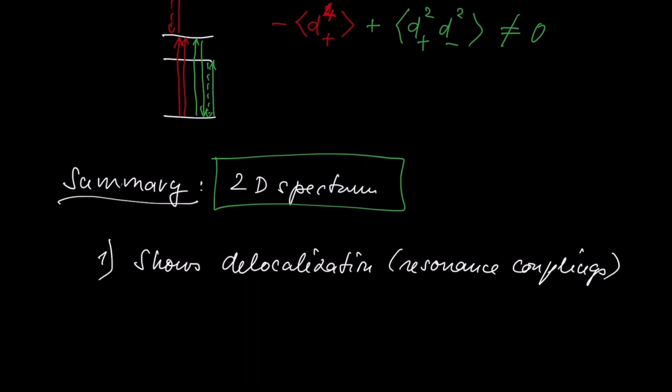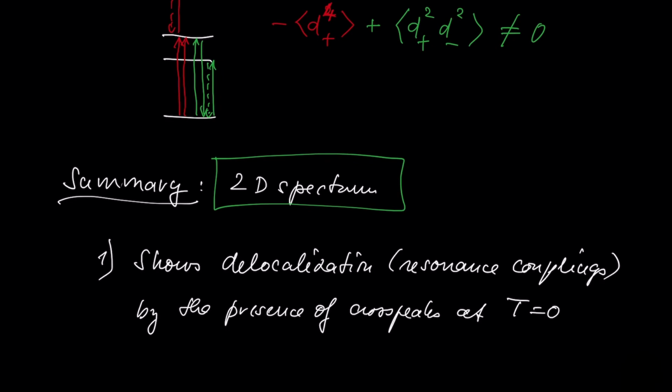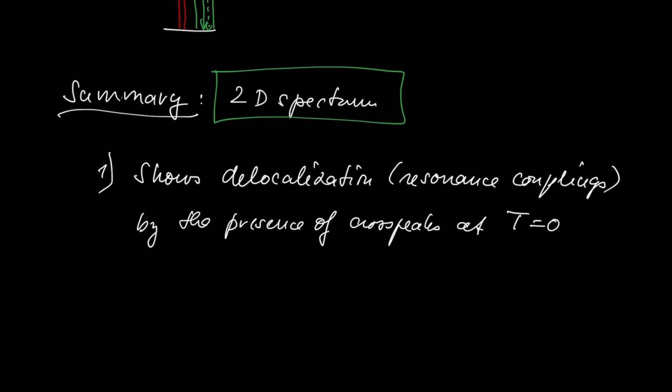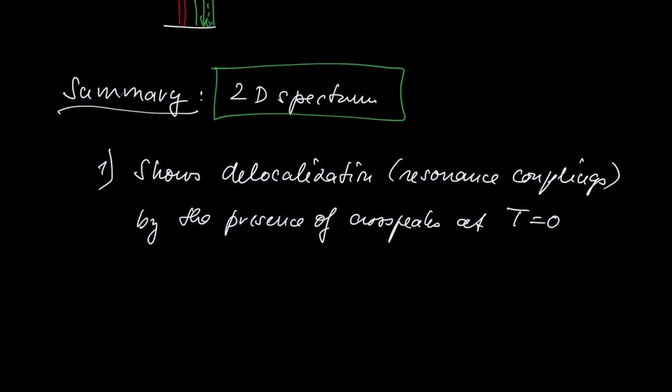It shows it by the presence of crosspeaks at t equals 0. So at 0 delay between the first two pulses, or let's say the second pulse, and the third pulse of the sequence.